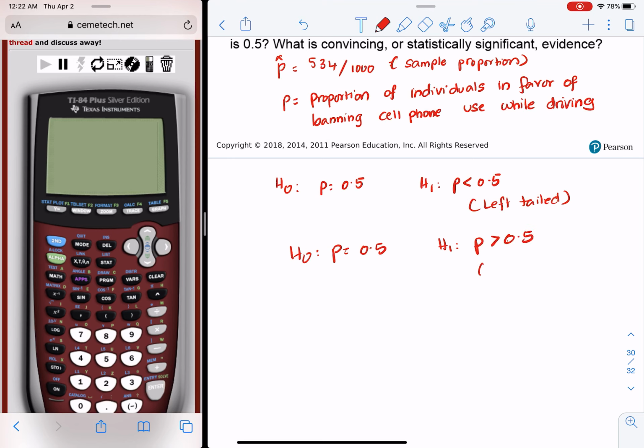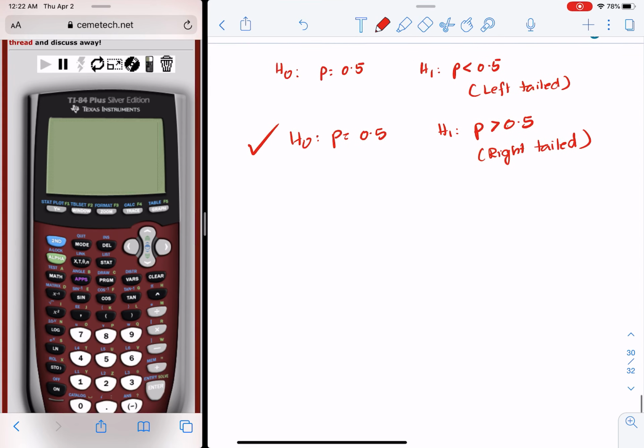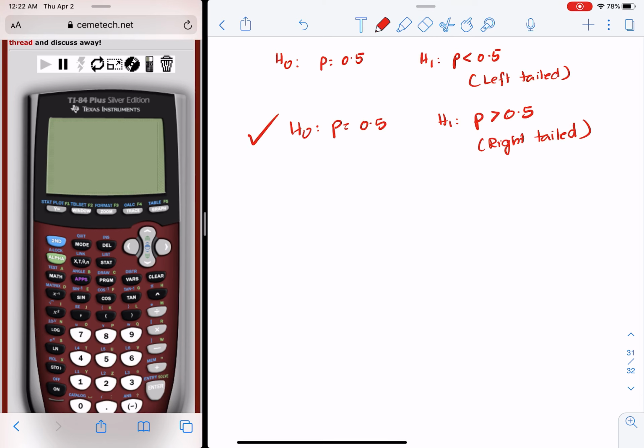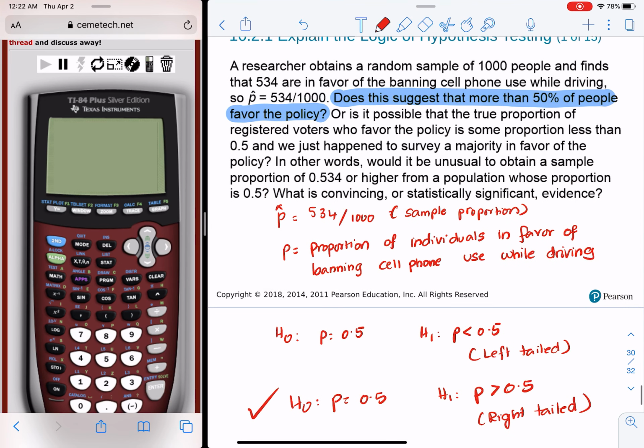Which is more appropriate? Of the two, the second is the test that we have to go with. Why? The sample proportion is telling us p hat is 0.534. The important question is the one that is highlighted in blue.